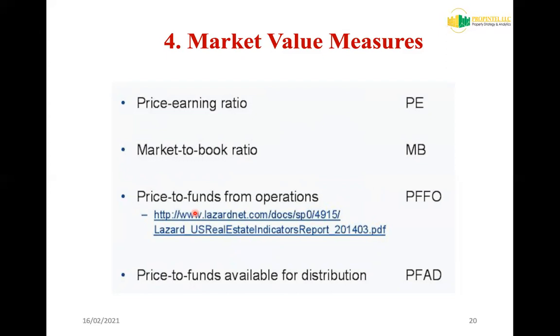Some examples of market value ratios, as we'll see, are the price to earnings ratio, or the PE ratio. The PE ratio reflects the investor's assessment of those future earnings. So you determine the share price, for example, of a company stock and divide it by EPS, which is the earnings per share, to obtain the PE ratio of that company.